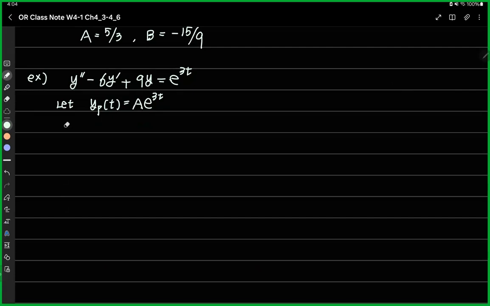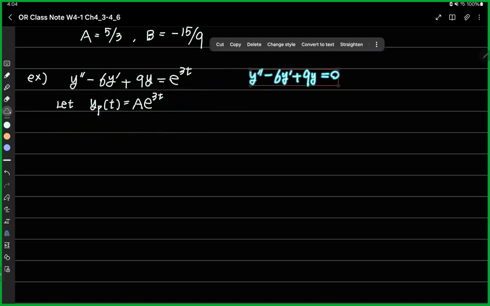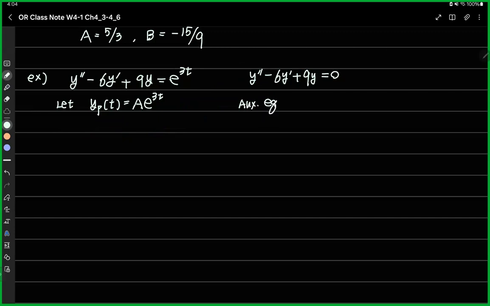So what does that mean? The associated homogeneous equation is y second derivative minus 6y prime plus 9y equals 0. Then the auxiliary equation is r squared minus 6r plus 9 equals 0.